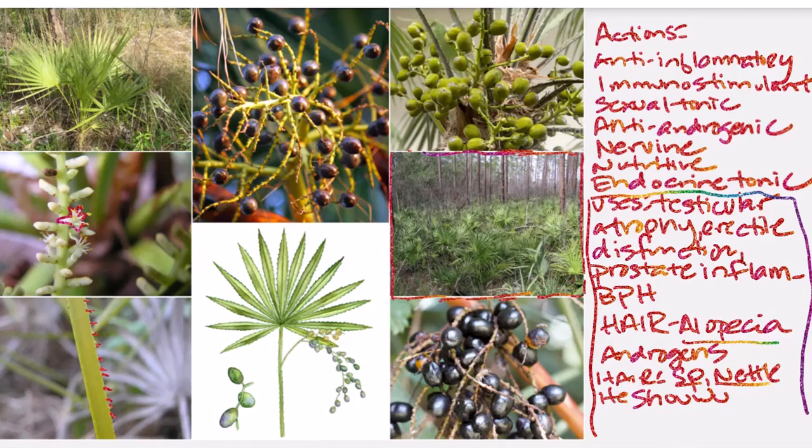Okay, so I think that I'm going to read one more quote from David Hoffman, and then that should be sufficient for saw palmetto for now. The eclectic use of this herb went far beyond treatment of BPH. Consider the following from Ellingwood.